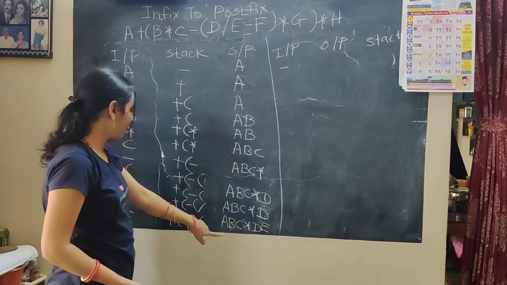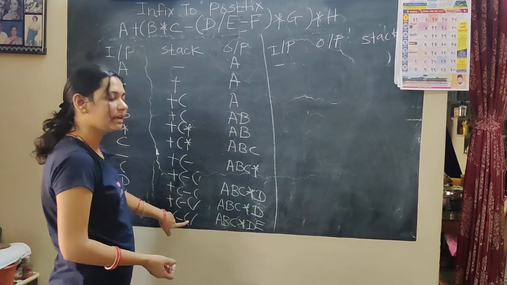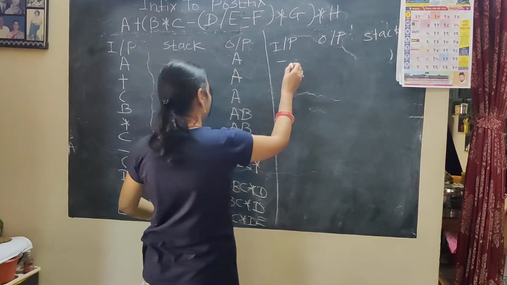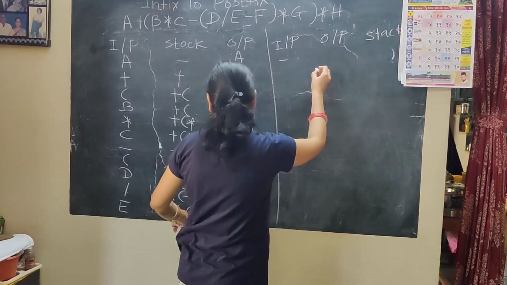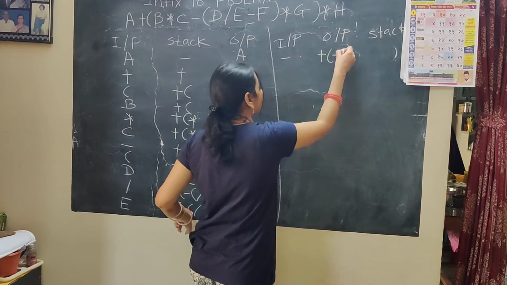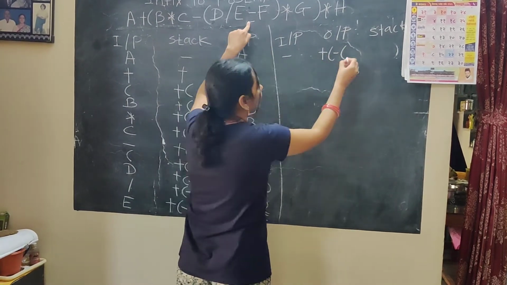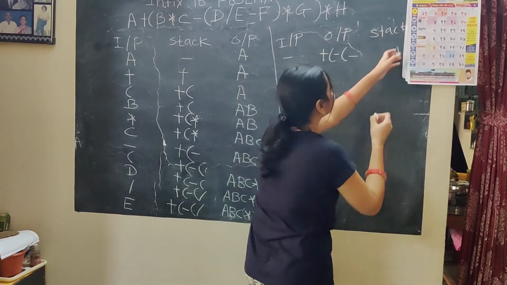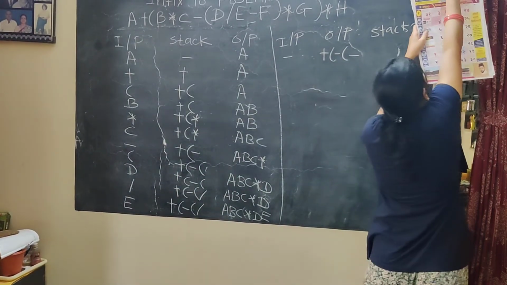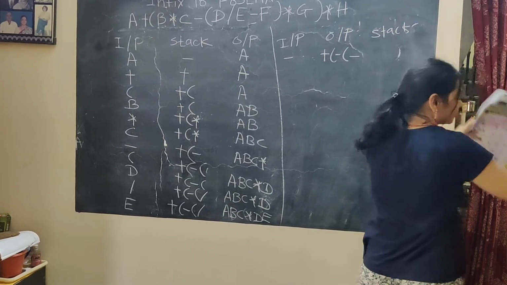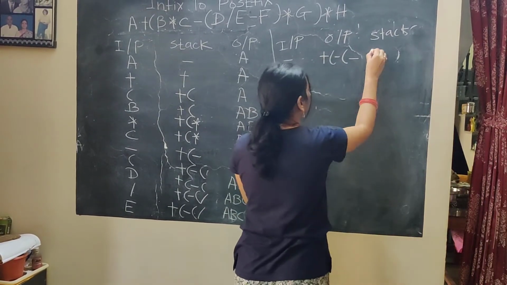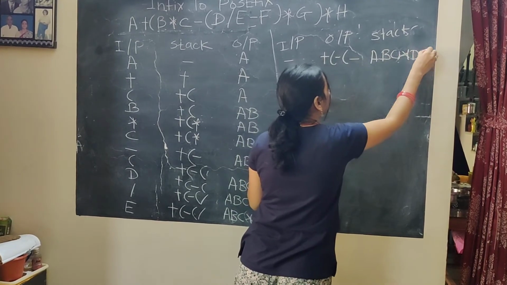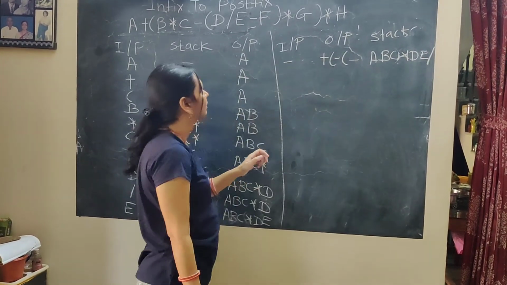As we already have the division operator here, and the division operator has the higher priority, in the stack the division operator will be removed in favour of the subtraction, and our output becomes A, B, C into D, E slash.